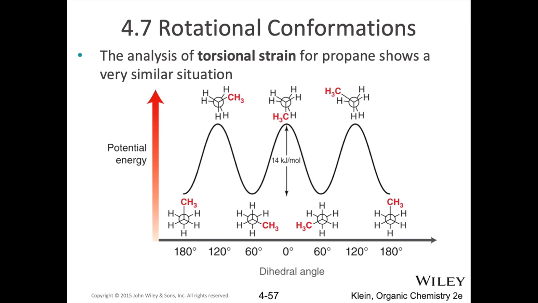Now, what if we have groups other than hydrogens attached to our carbons? How does this affect the torsional strain we're seeing, the potential energy? Here you can see that the difference in energy increases. Our eclipsed conformations with this bulkier methyl group get higher in potential energy, because there's more instability due to the bulkiness of the methyl group repelling the electron density around the hydrogen.